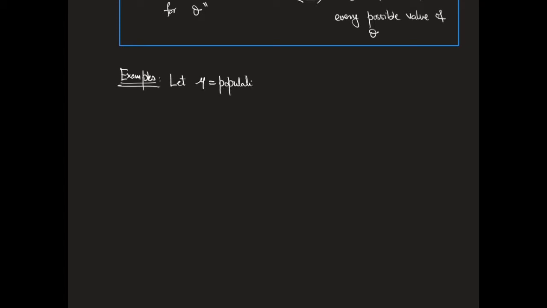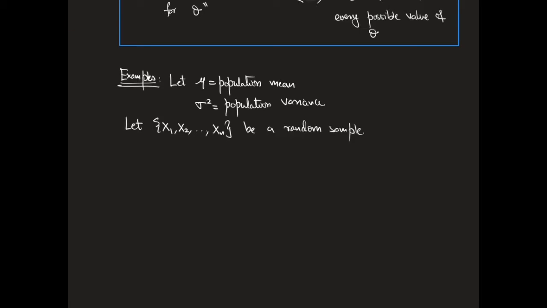So let mu be the population mean and sigma squared the population variance. And let X1, X2, all the way up to Xn be a collection of IID random variables, that is a random sample.